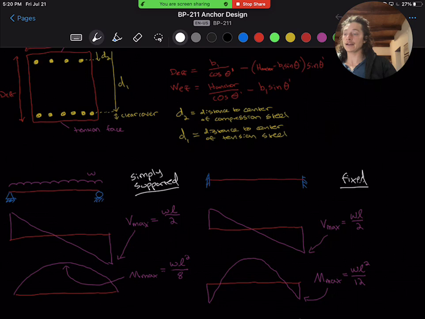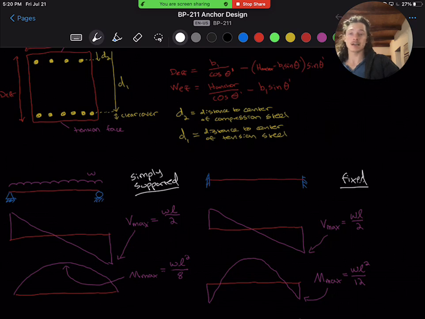Because we cannot guarantee the positive transfer of moment at the supports, we will analyze the beam as both. A simply supported beam, as you can see, will have a higher maximum moment. However, a fixed end beam has both positive and negative moments, necessitating steel rebar on both sides of the section, which we do have in each of our standard anchor beams.